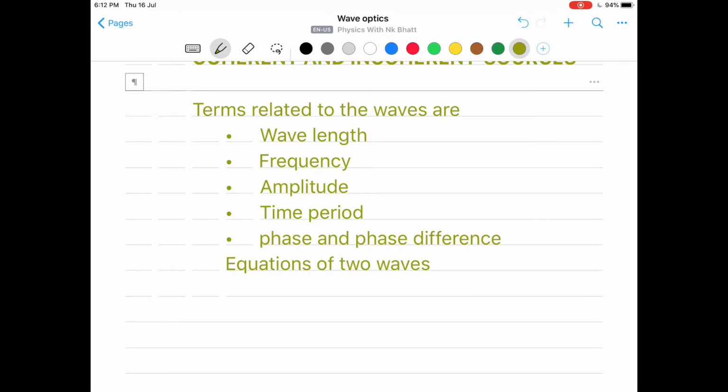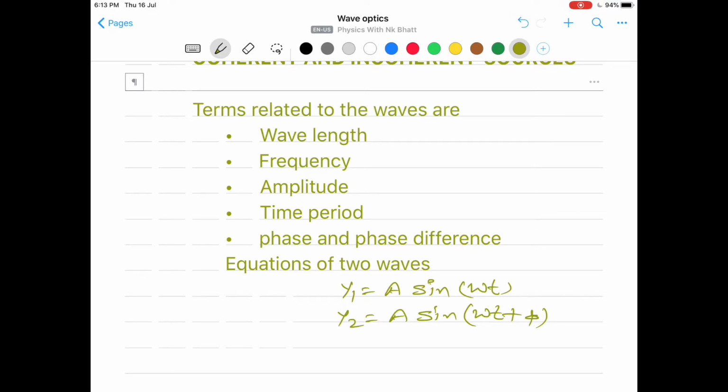To understand these terms related to waves, we consider equations of two waves. The first one is y1 = a sin(omega t), and the second one is y2 = a sin(omega t + phi).